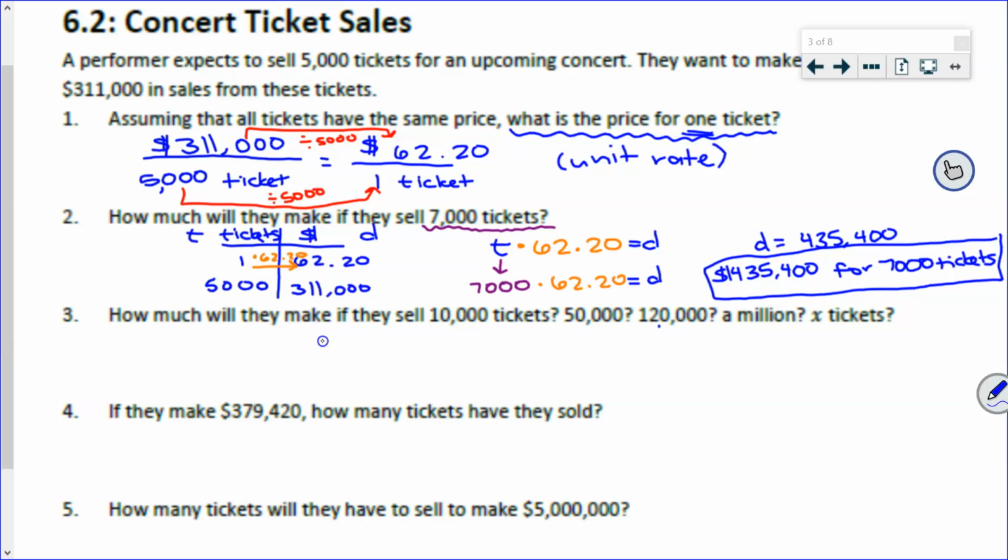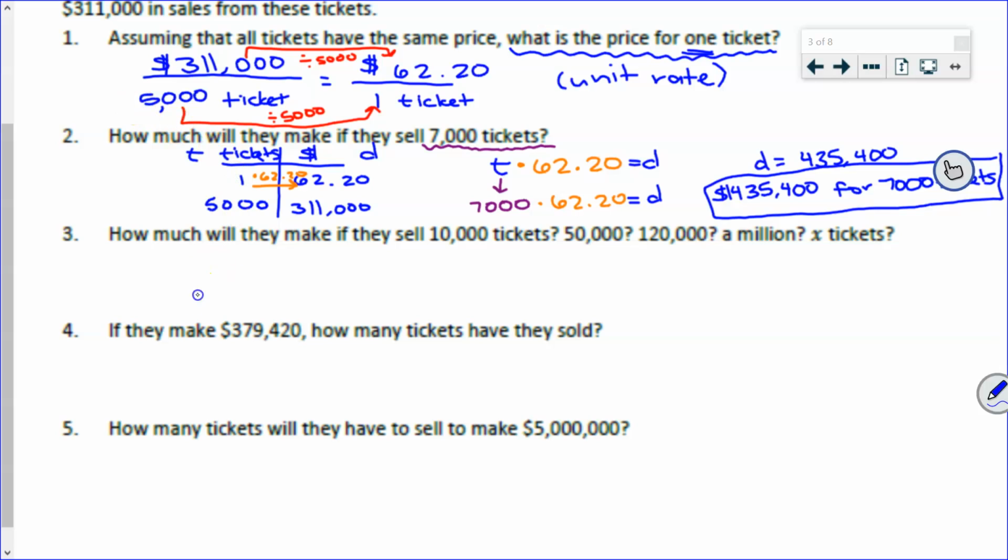Answer those questions. Good thing we already wrote our equation, right? We know exactly what we're going to be doing. I want you to pause the video and answer just question 3. Don't move on to question 4 yet. Answer just question 3 with your groups, typing in all of those calculations. Give you about 90 seconds. So pause the video for about 90 seconds to get this done.